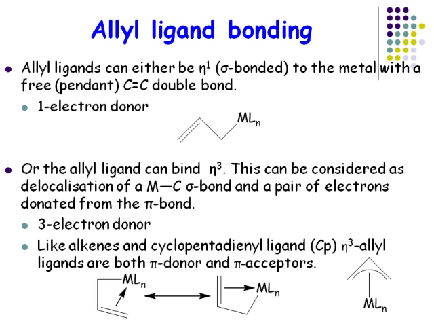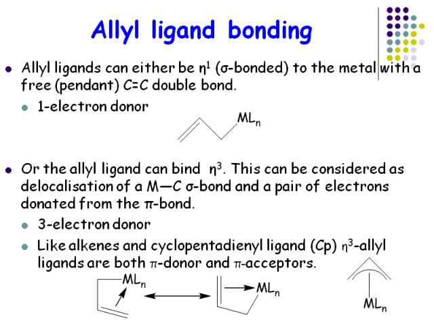So let's look at the different resonance forms if we do that. It becomes a 3-electron donor. So this is a 1-electron donor interaction. This is a 2-electron donor interaction. And you can draw one resonance form that looks like that. But if you look at these carbon atoms, how do these carbon atoms differ fundamentally from this end of the allyl ligand to this end of the allyl ligand? They don't.